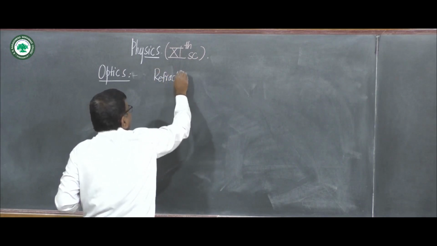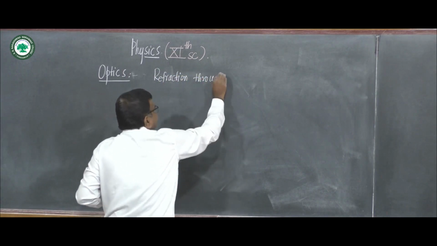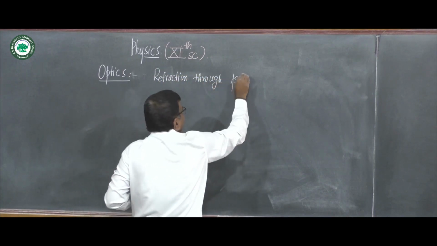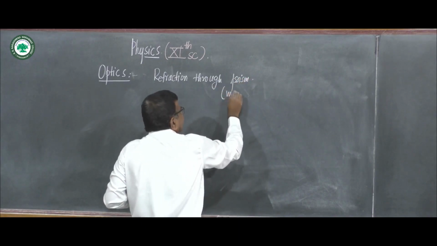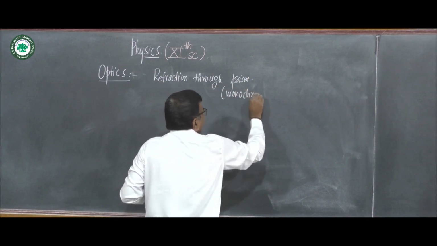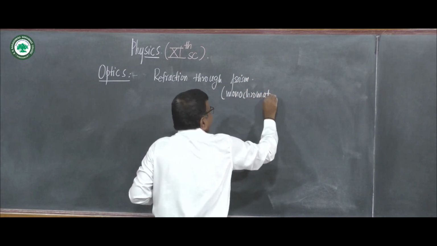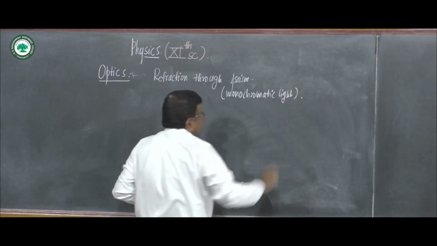Refraction through prism. And you know monochromatic light, light having the single color or single wavelength, like sodium vapor lamp. Monochromatic light, single wavelength light.